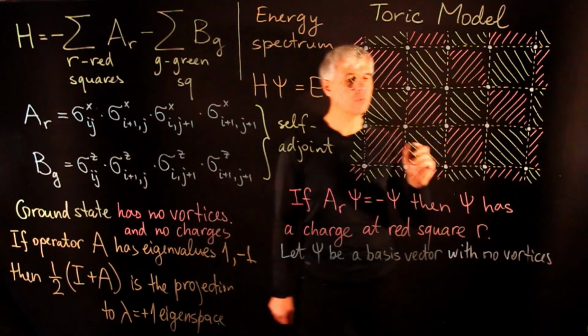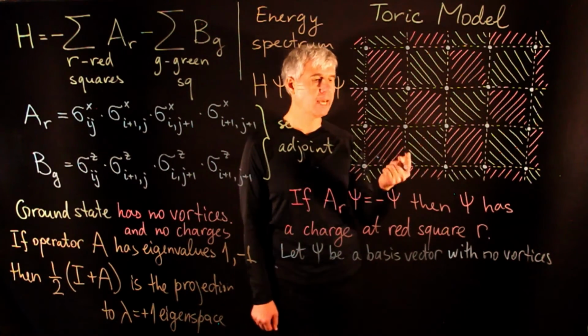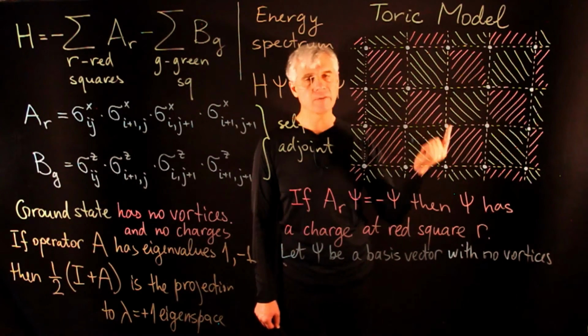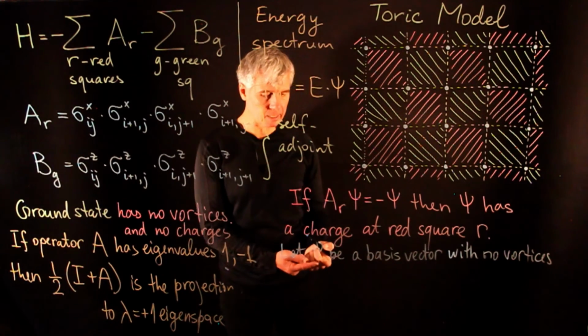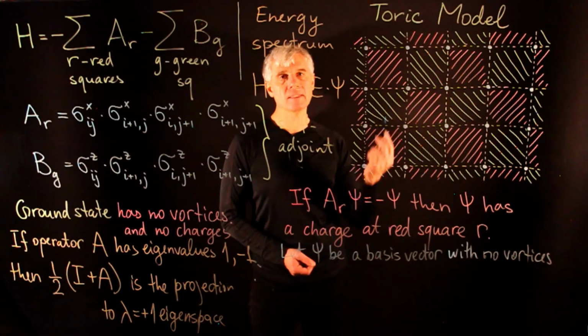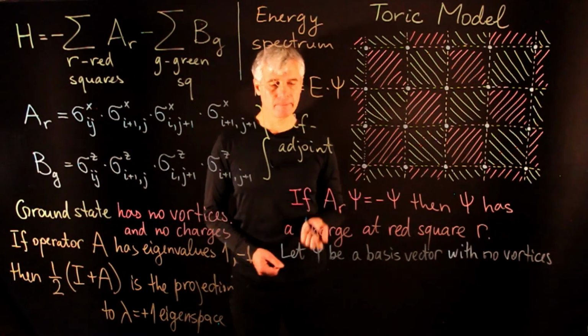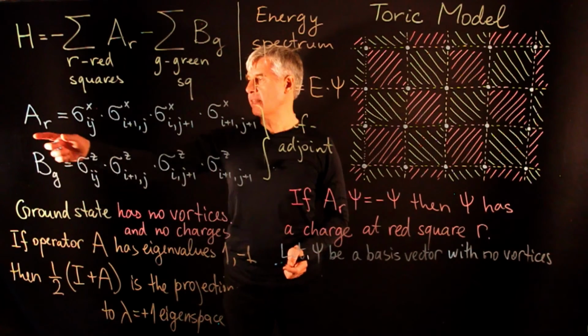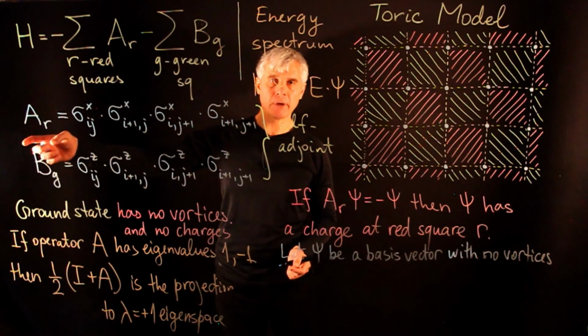So that is, for each green square, we have an even number of up z vectors. So for example, as psi, we can take a tensor product where each tensor factor is up z. This psi is not going to be an eigenvector for AR operators.